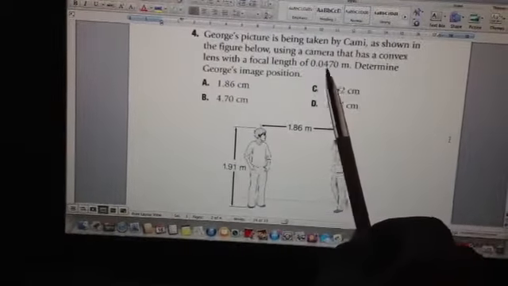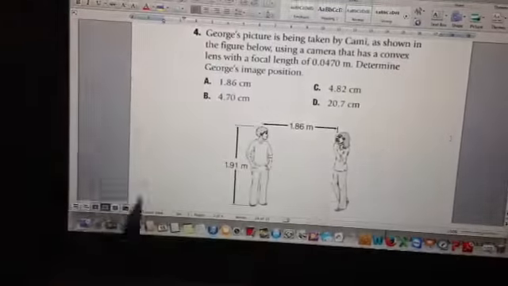So the first bit of information they give us is this number here, so let's add that into our notebooks. So we write down 0.0470 meters, and they said that was the focal length, symbol f, small f.